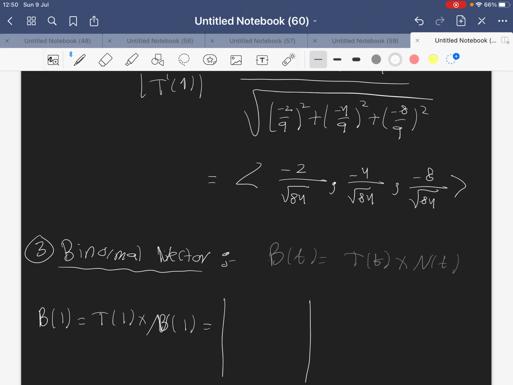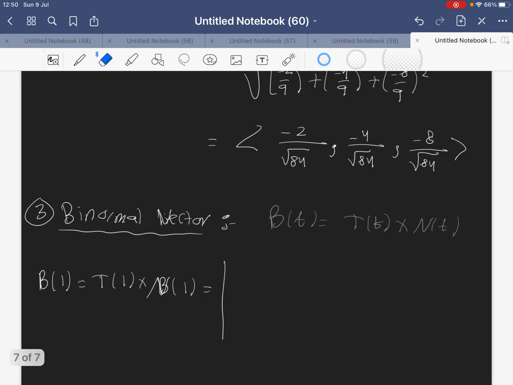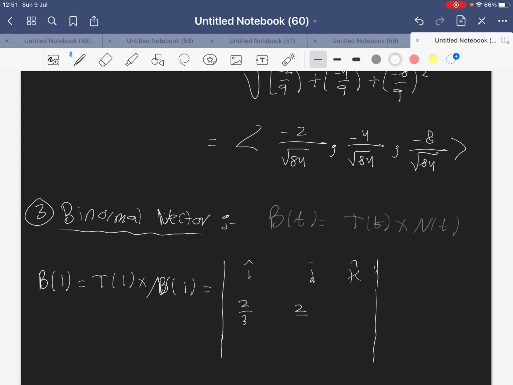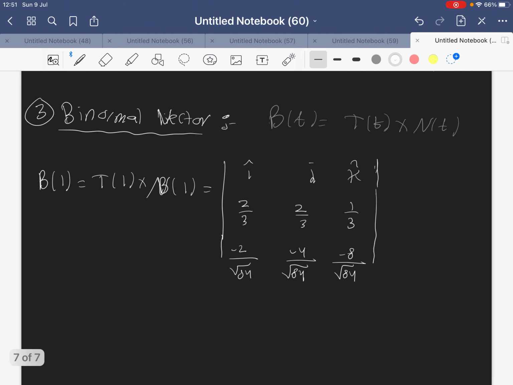And the cross product is something that we can always do easily here. So it would be i, j, and k. First we write T of 1. If you remember from the previous slide, it was 2 over 3, 1 over 3. And we write N of 1, which is negative 2 over square root 84, negative 4 over square root 84, and finally negative 8 over square root 84.